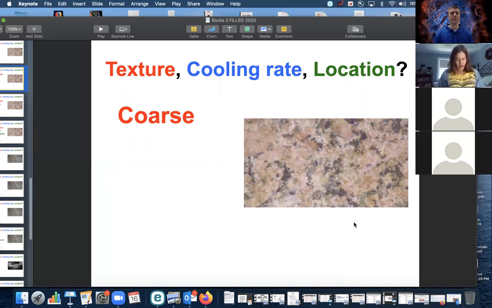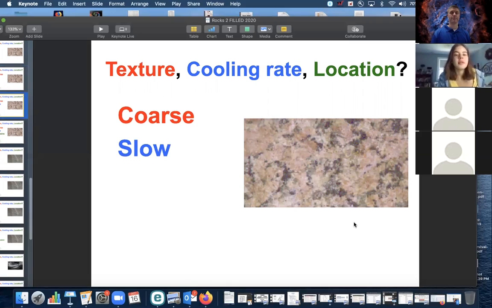So if it's coarse grain, is that slow, fast, or very fast? It has big crystals. Slow. Good.